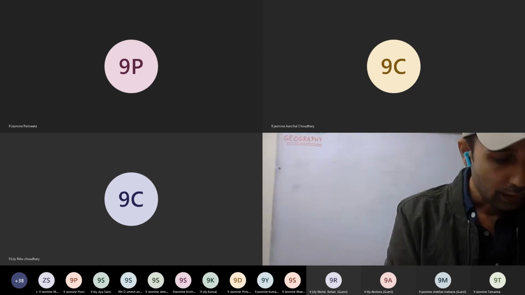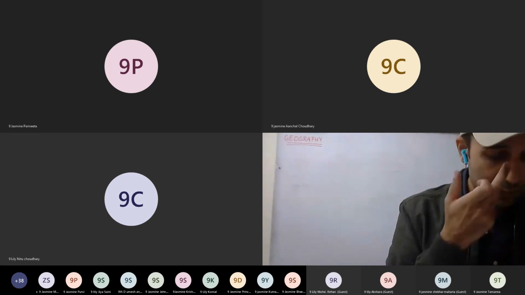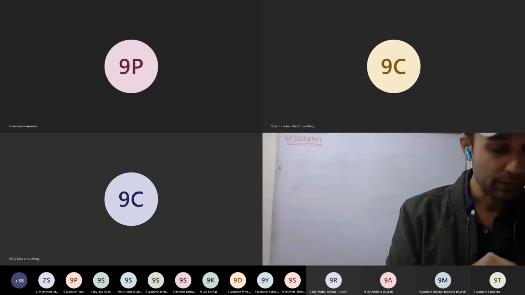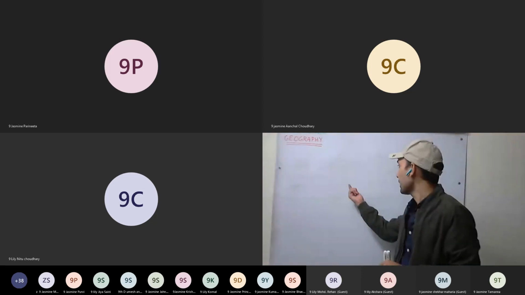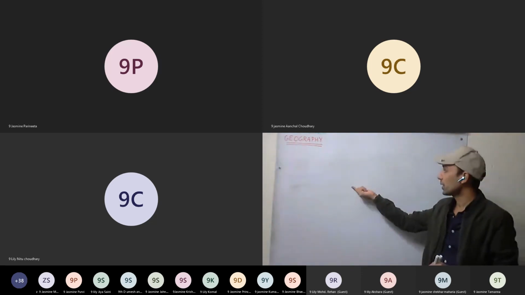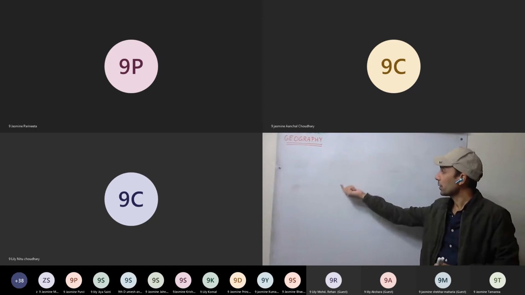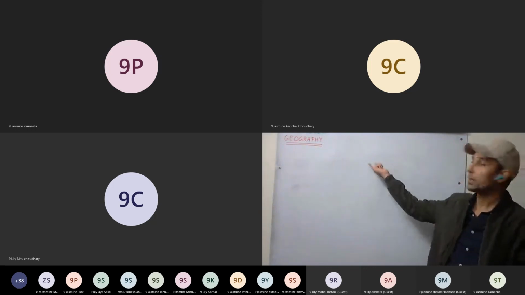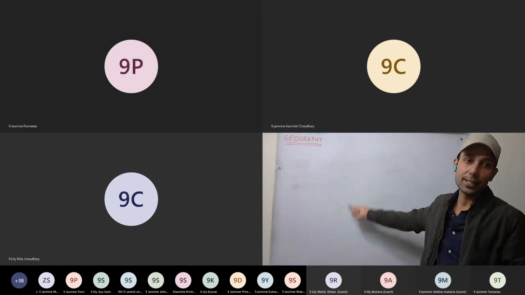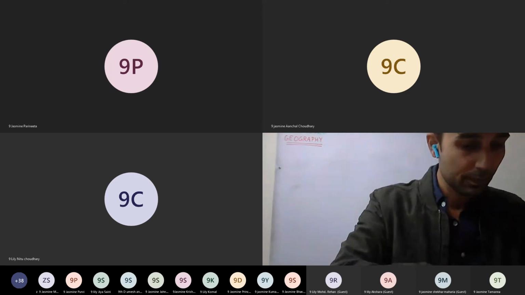Okay, now next one. Why are the slanting rays less effective than the vertical rays in heating the atmosphere? Slanting rays as compared to the vertical rays, we already discussed. Why are they less effective in heating the surface?